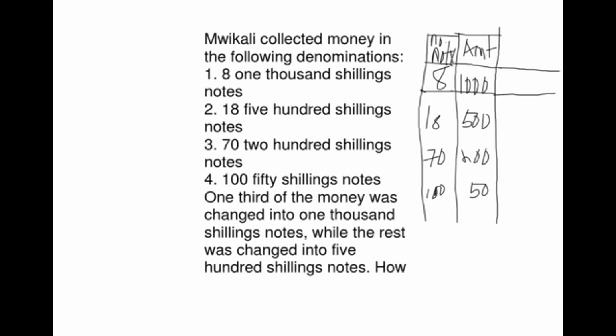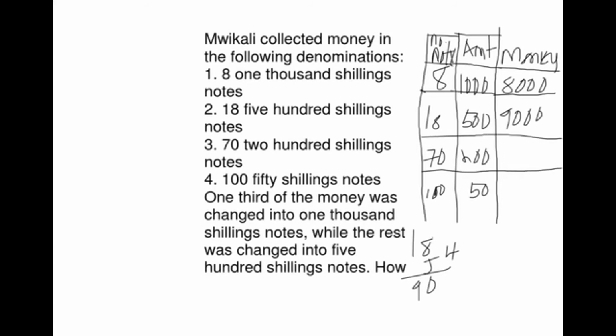So now the money we have is 8 notes times 1000 equals 8000. 18 times 500: 18 times 5 is 90, so 18 times 500 is 9000.